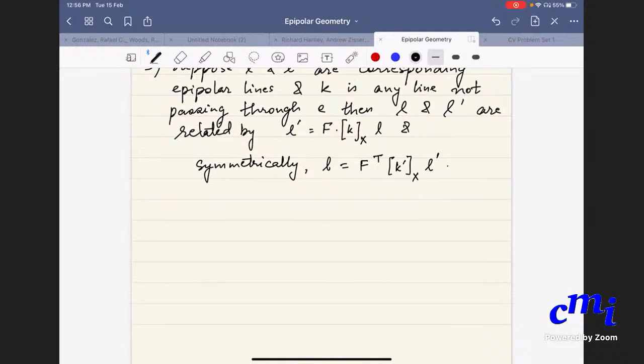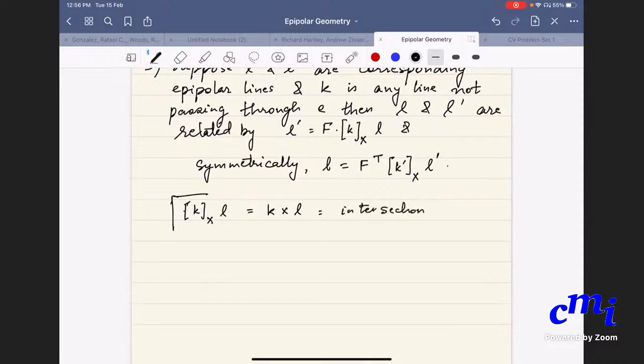To see this is not too difficult. Consider this expression. What does this mean? This is simply short for another way of expressing this cross product. If K and L are two lines in a plane, then their cross product in projective geometry is nothing but the intersection point.